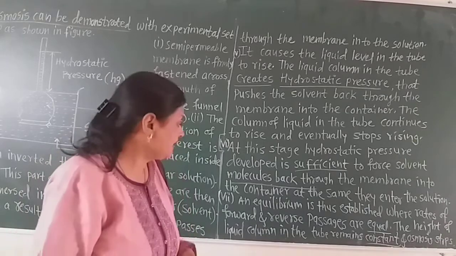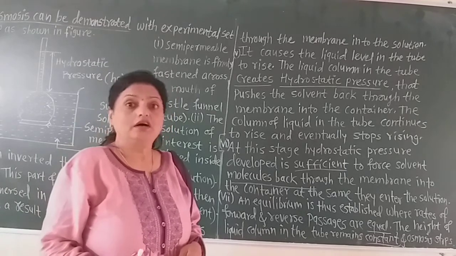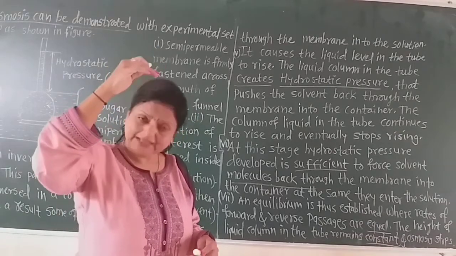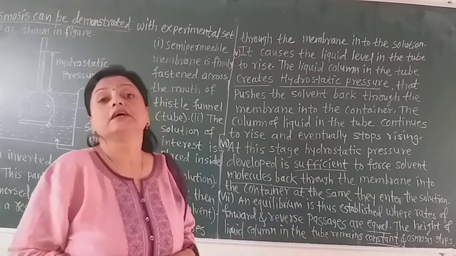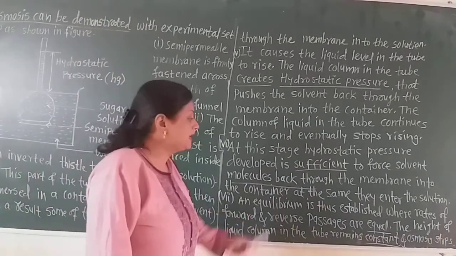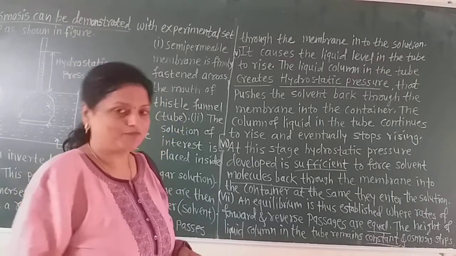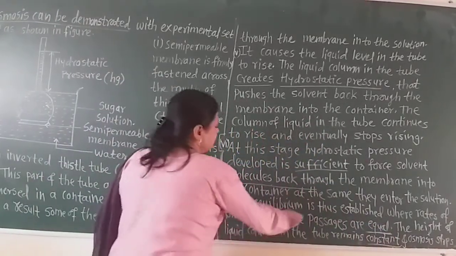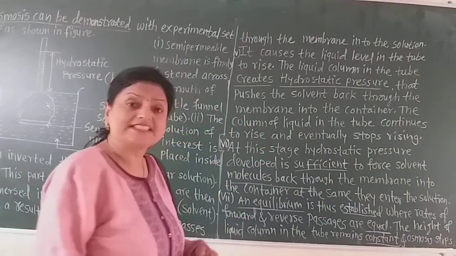So an equilibrium is thus established. That means the rate of passage of the solvent into the solution and the rate of passage of solvent molecules from solution back into the solvent become equal. At that stage, equilibrium is established when the rates of forward and reverse passage are equal.